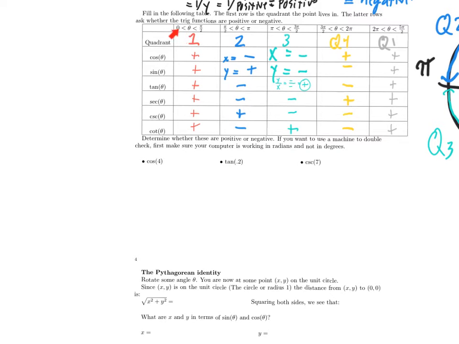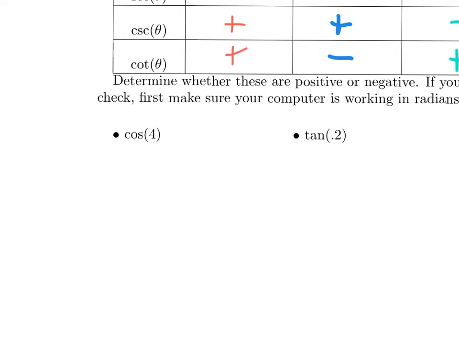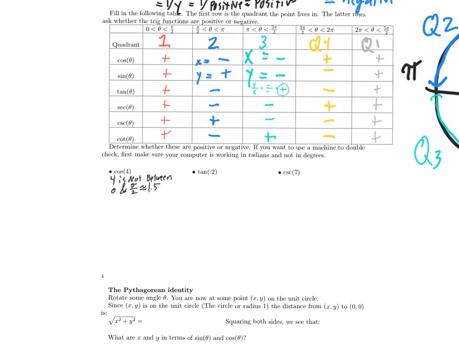No, it's not. This is certainly not something that you would write in your own write-up, but here's the logic. 4 is not between 0 and pi over 2, because pi over 2 is somewhere around 1.5. So definitely not the first column. Is 4 between pi over 2 and pi? Also no, because pi is somewhere around 3. 4 is not between 1.5-ish and 3-ish.